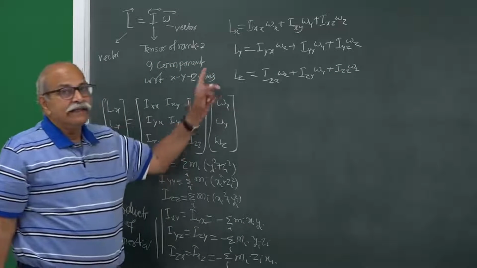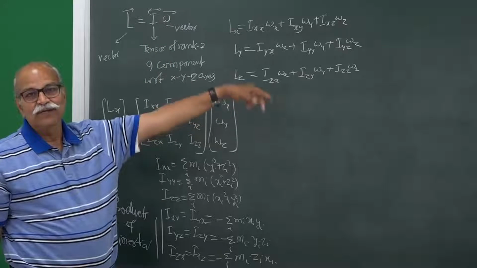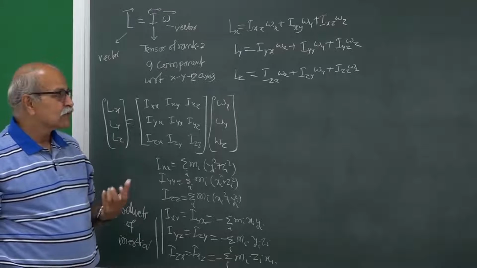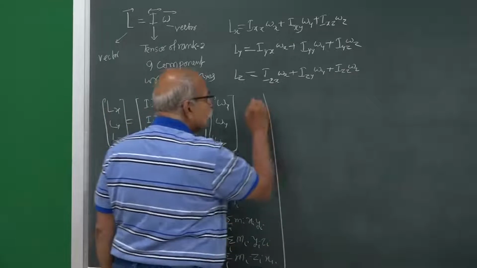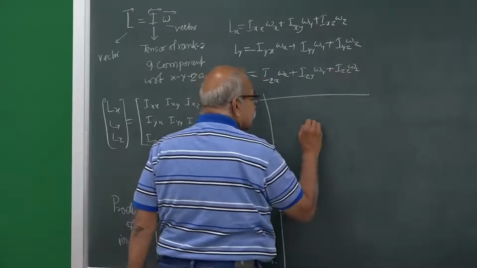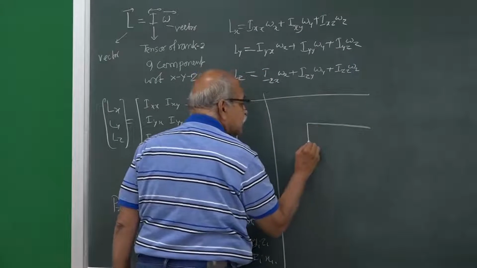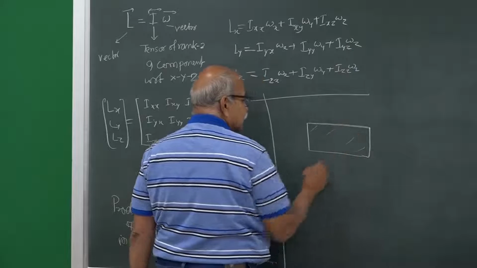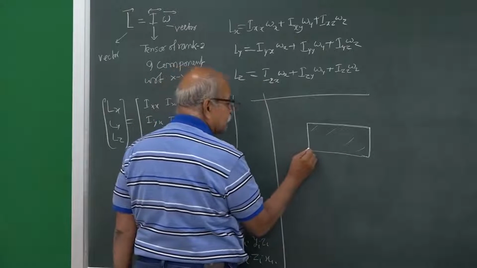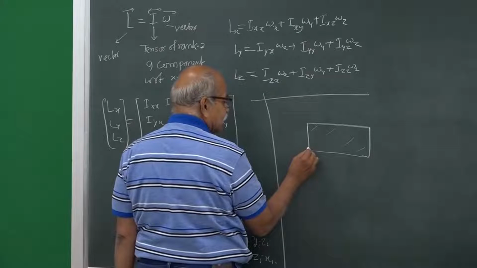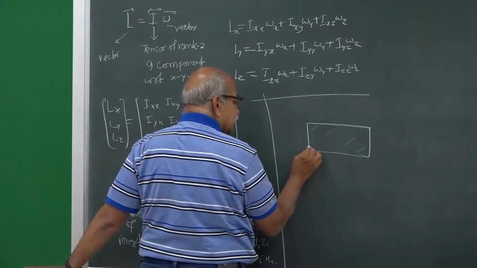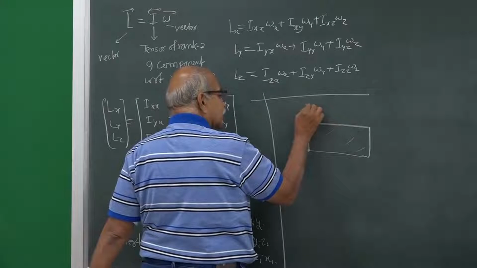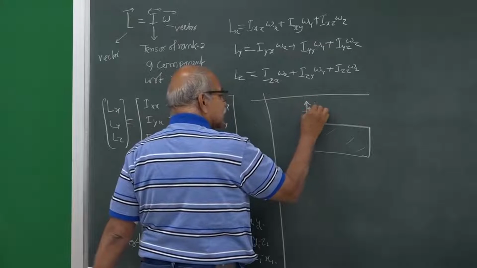And in general, L is not parallel to omega. The angular momentum and angular velocity are not parallel in general. So, let us take an example. I have a uniform rectangular plate, and let us say it rotates about this axis, so this omega vector is in this direction.